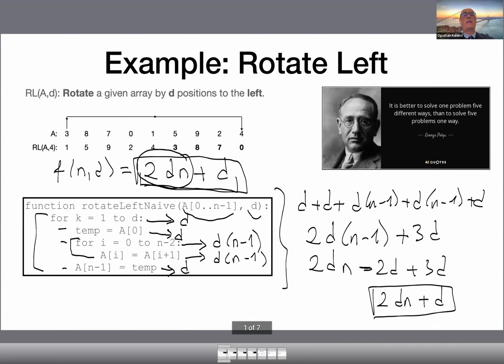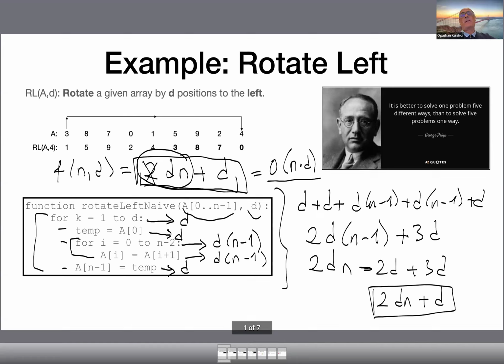Since constants are not important in our asymptotic notation, I can say this function is in big O of n times d.